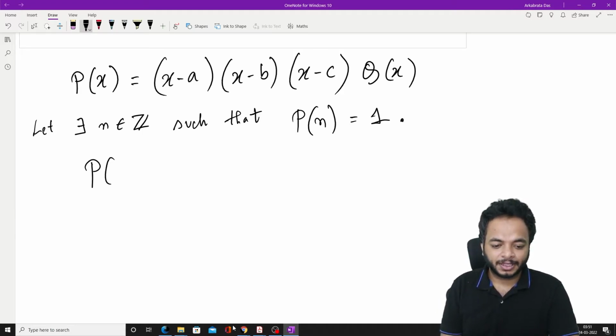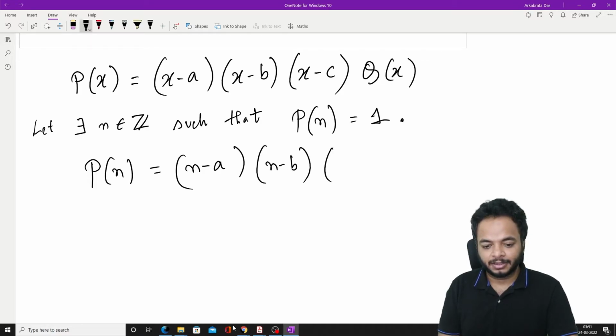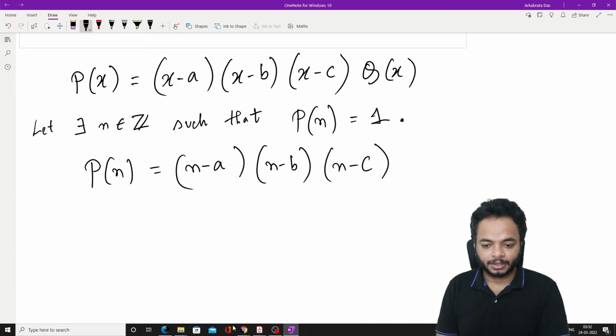Then P(n) is equal to n minus a times n minus b times n minus c times Q(n), and this is equal to 1.